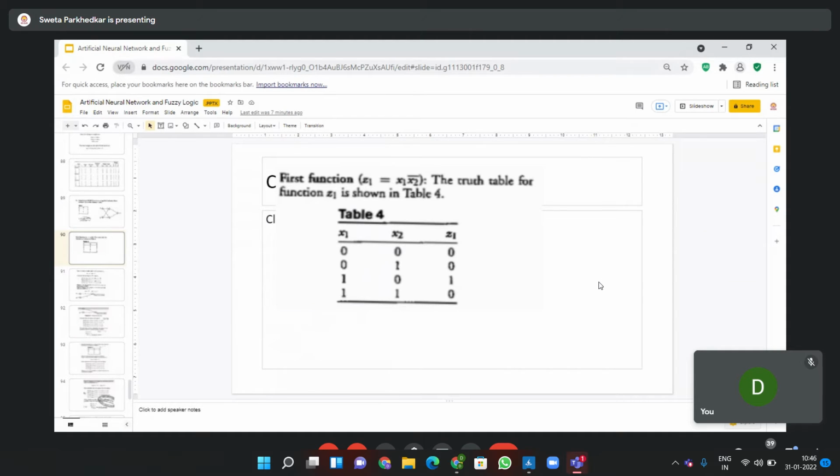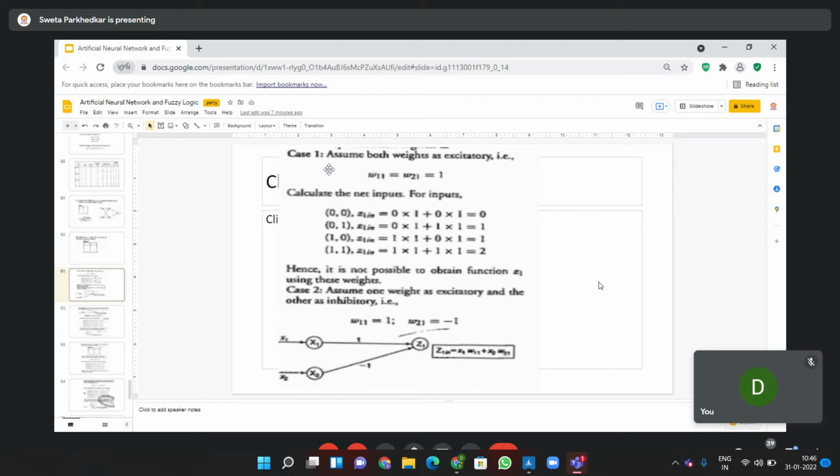Okay. After writing this, write this one for the case one. Assume the weights as excitatory and calculating the net input for this, that is x1 w11 plus x2 w21, and you will get this answer 0 1 1 2.